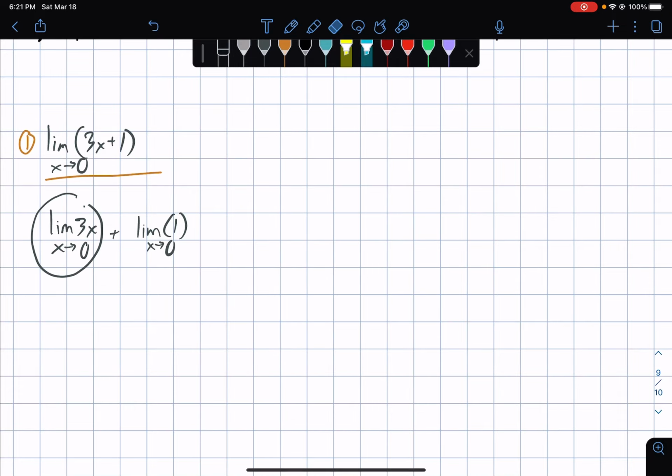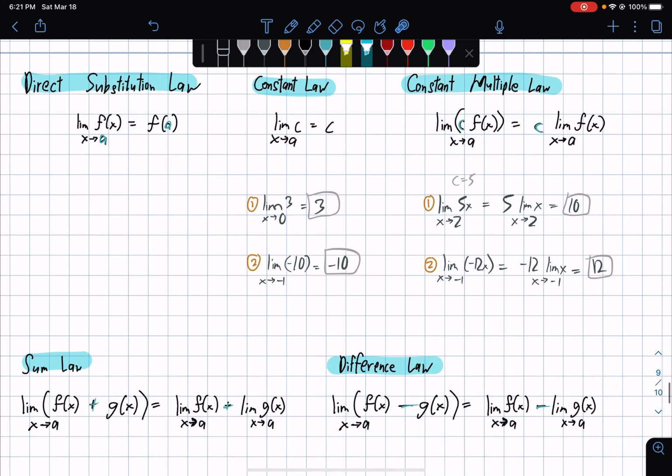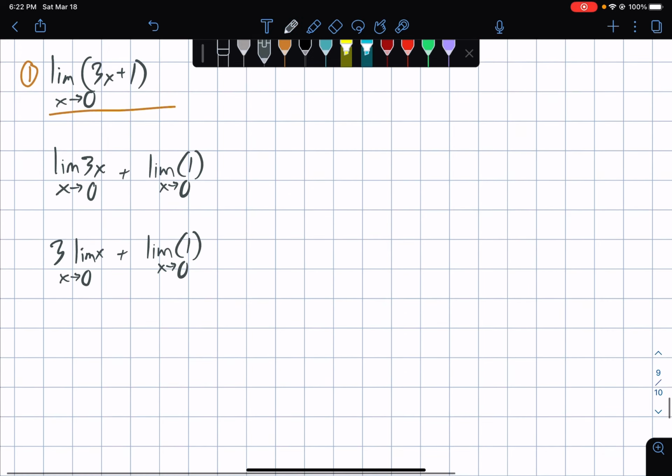You can apply the constant multiple law. Lim C becomes C lim. Everything else is copied. And what eventually happens is, 0 times 3 is 0. And here it's just 1 for this one.